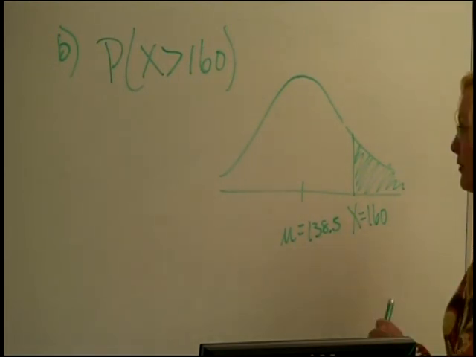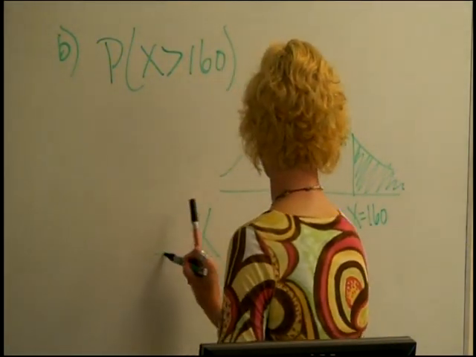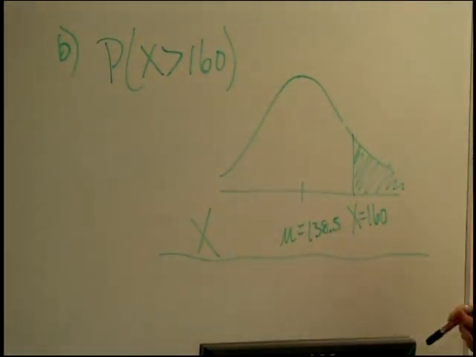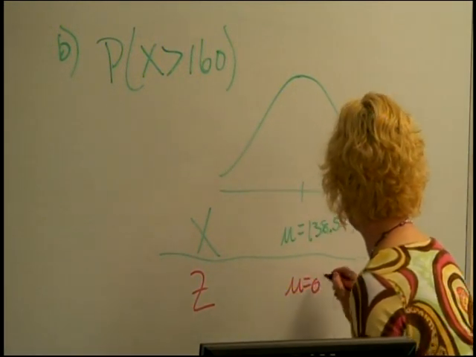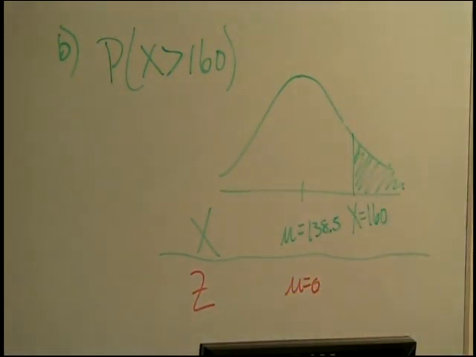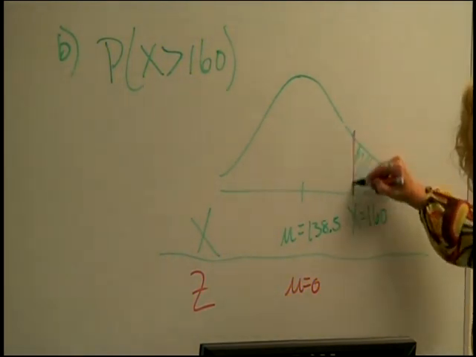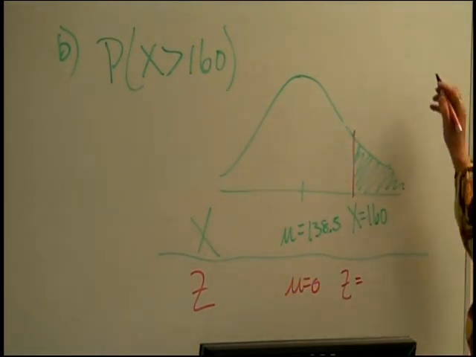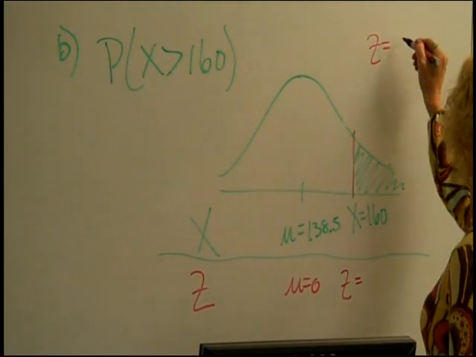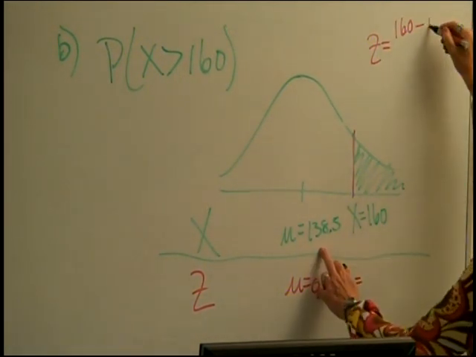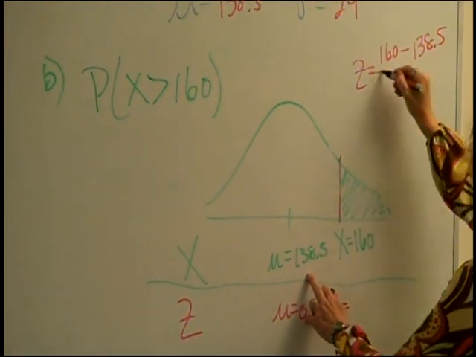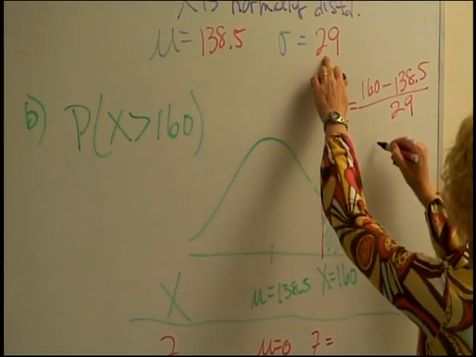For the by hand method, remember that this is x. We're going to convert all that over to z with a mean of 0. And the corresponding z-score there: take your x, subtract the mean, divide by the standard deviation.